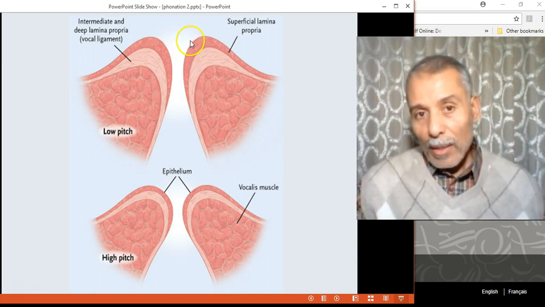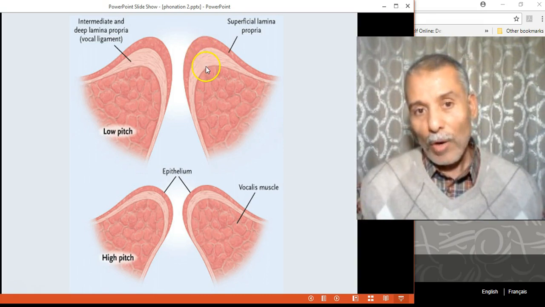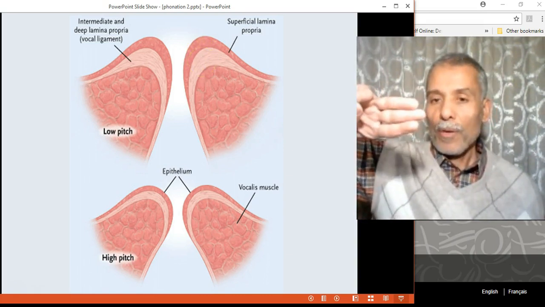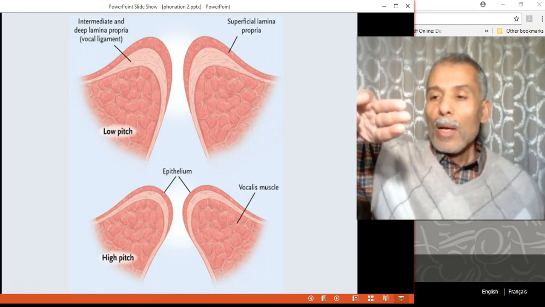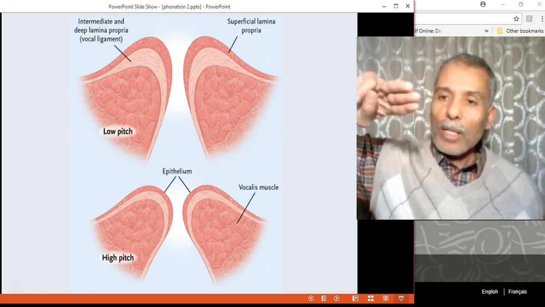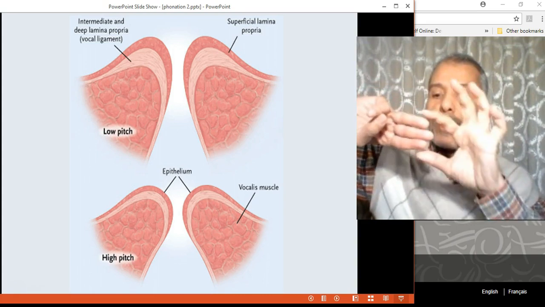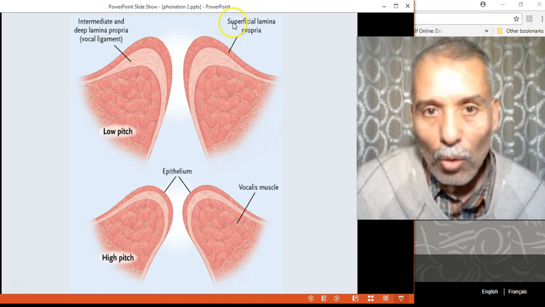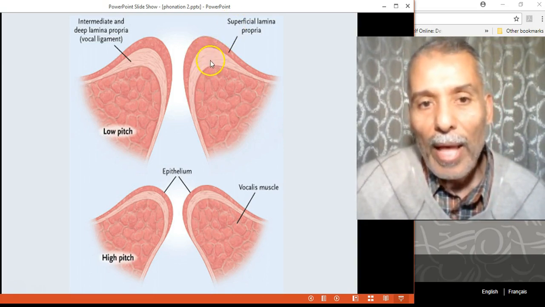And then when you cut through it, beneath it you are going to find another structure. That structure itself is made out of 3 layers, but the whole structure that you can see here is called the lamina propria.